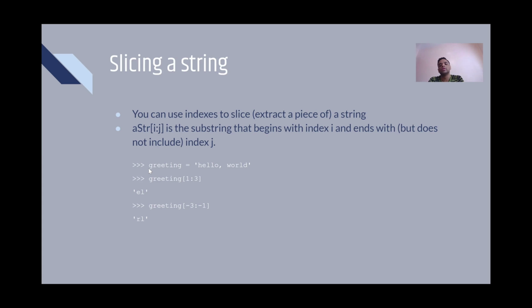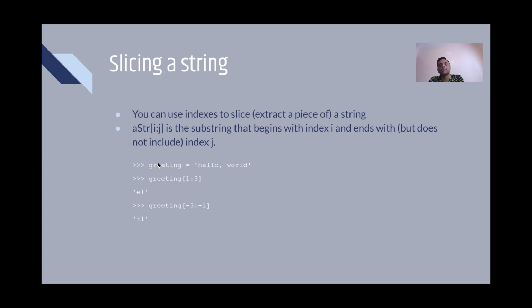So let's do the variable again, greeting. Greeting is our variable. Let's assign that again to the string hello world. And let's say we want to get just E and L. Let's say we just want to get that piece of the string. So what we have to do is say greeting.